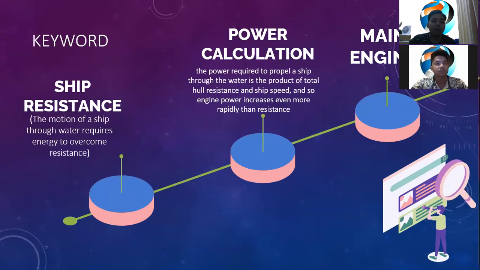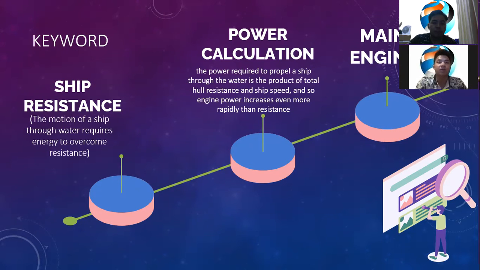Today we have three main points that we need to tell. The first one is ship resistance. Ship resistance is the motion of a ship through the water requires energy to overcome the resistance. Second, power calculation.